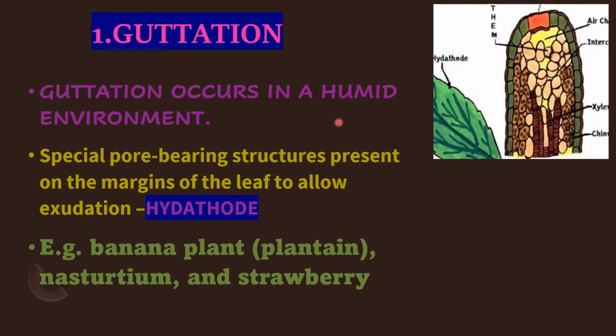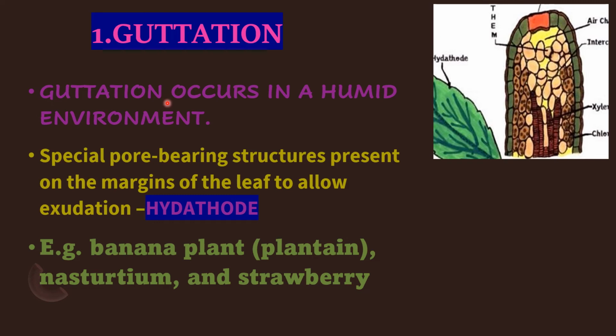Guttation occurs in a humid environment. All of you know that when humidity increases, transpiration rate decreases. Stomata will close. Then excess water will come out only by the process of guttation.